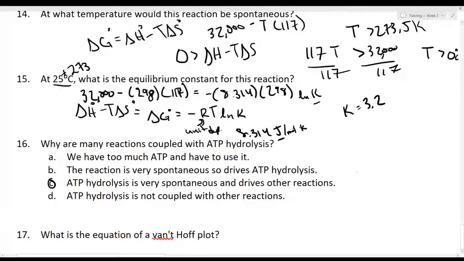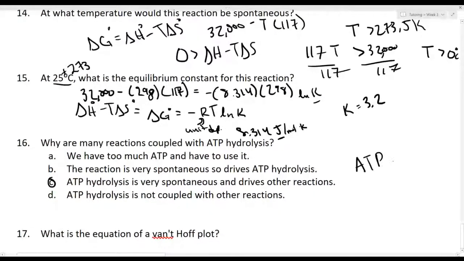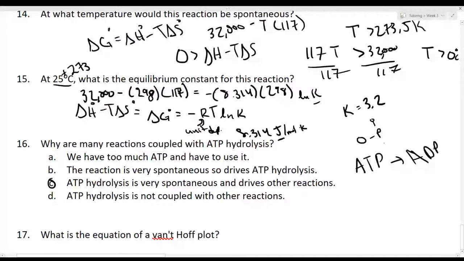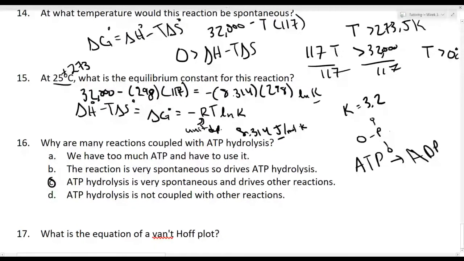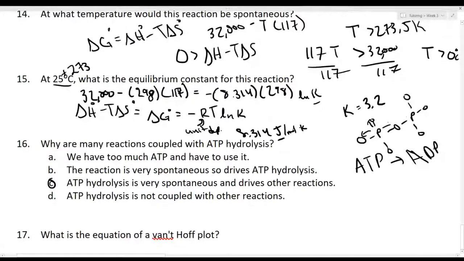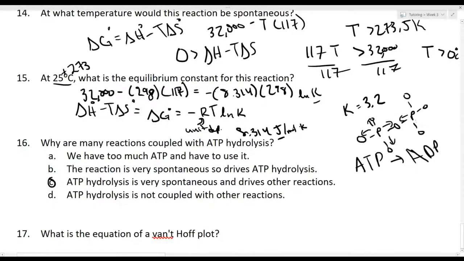The ATP to ADP reaction is, the reason, by the way, excuse me, is you have these phosphodiester bonds. This is really, really, really unstable because your oxygens are all polar, so they're pulling at your phosphorus. Right, there we go.